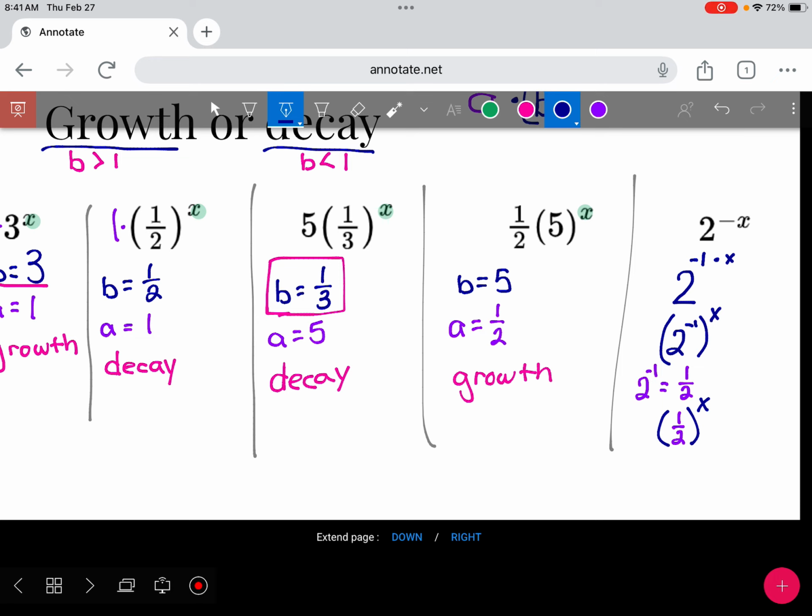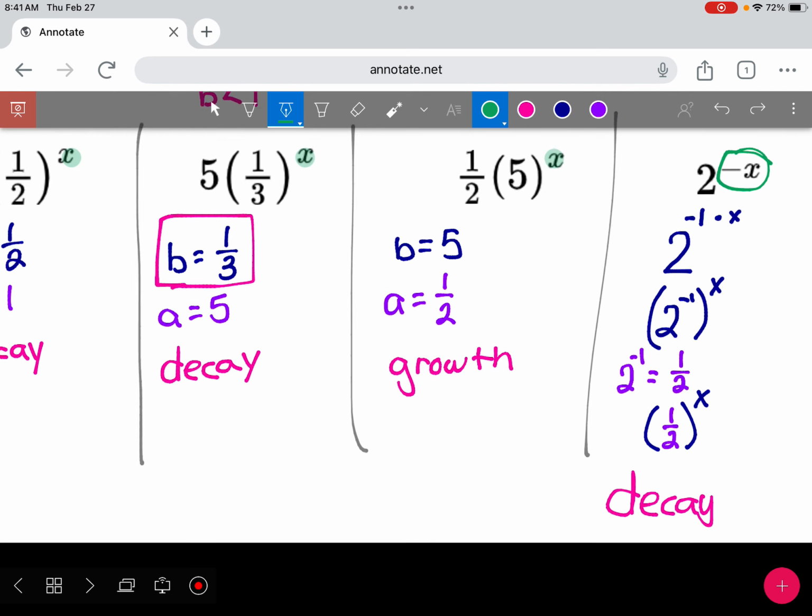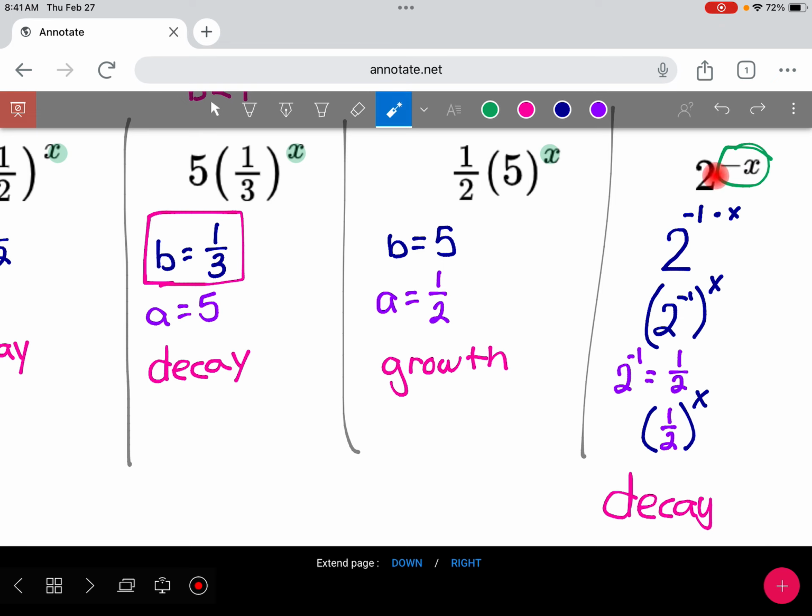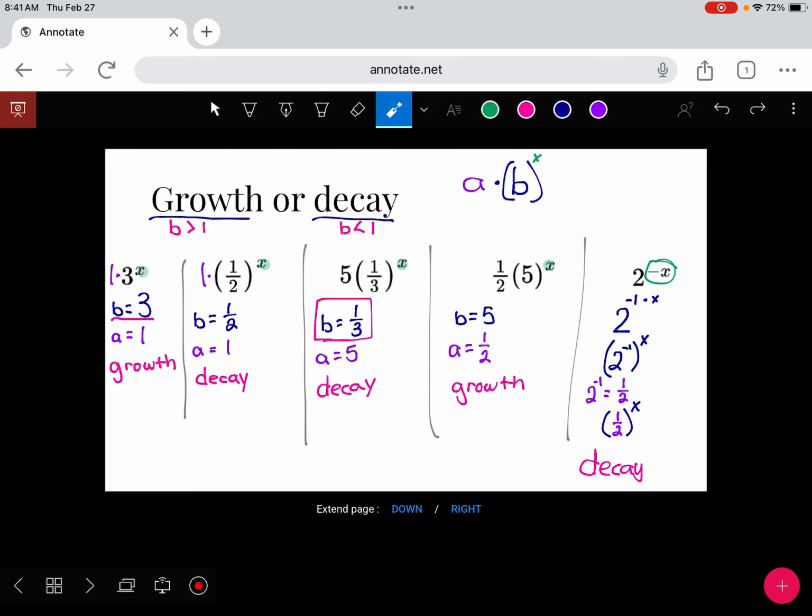This is decay. We're not going to see it tons where we give you negatives in the exponent like this, but it is going to be important for us to be able to recognize this and write it like that. So if we have a negative in the exponent, we got to watch out for that because it's really actually telling us to look at the reciprocal.